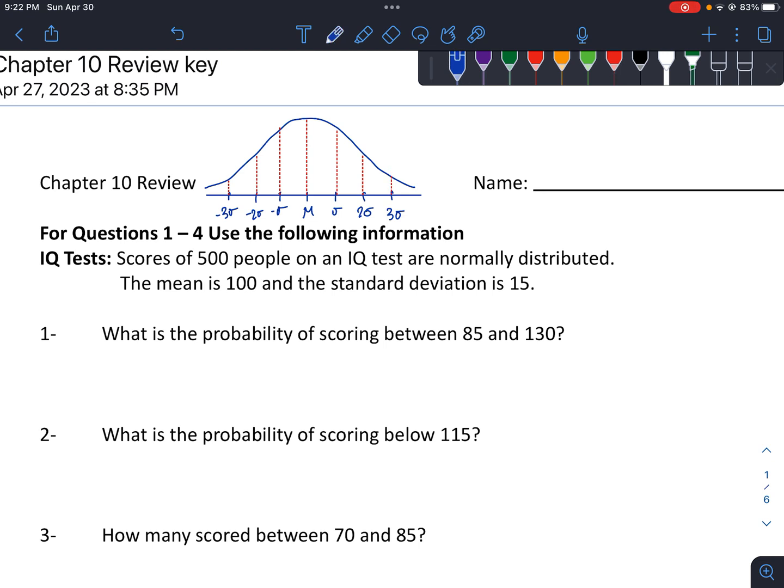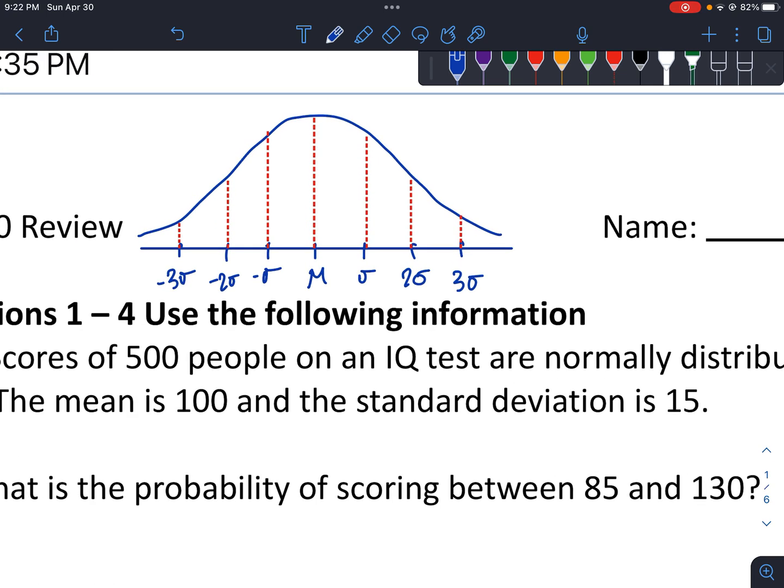The empirical rule says that inside this portion, within one standard deviation, you have 34% of your data, and 34% on both left and right, so 68% total within the middle.